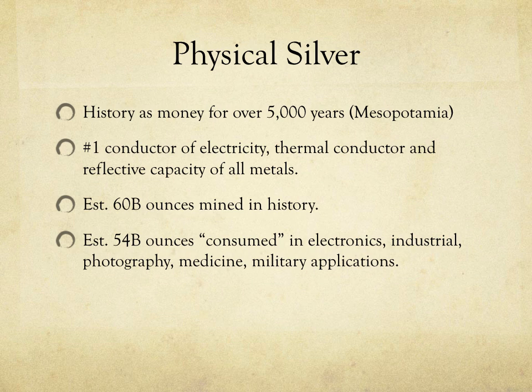Consumed not meaning it goes away. Consumed meaning it is broken up into such little tiny pieces for the use that it is providing that it is not economical to ever get that silver back, even if you could find the 100th of an ounce that's in your iPhone in the garbage heaps of the world.